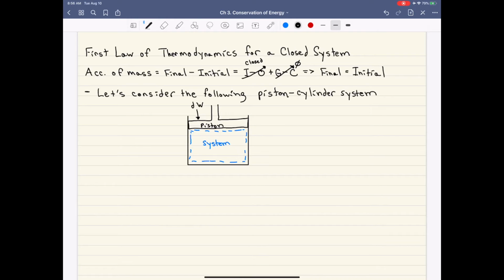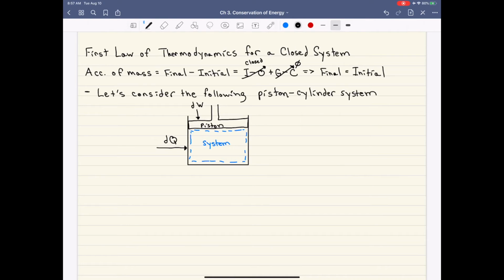We could also heat or cool the system by either adding in or removing heat. So for the system, we could be transferring work into the system, and we could also be transferring in heat.